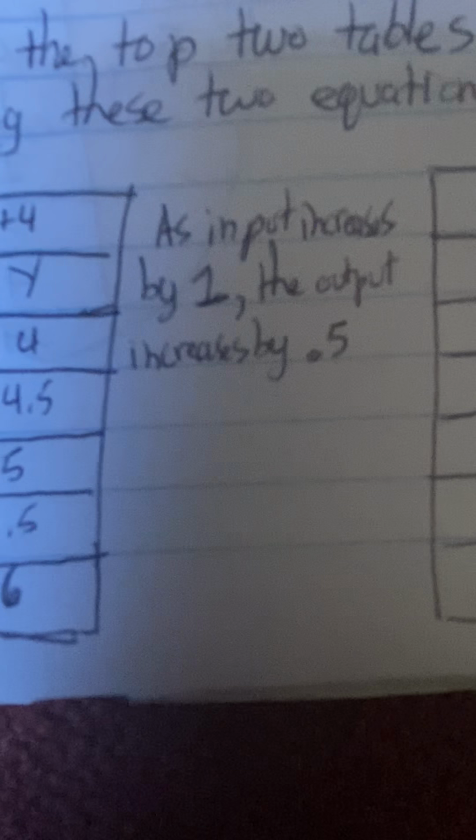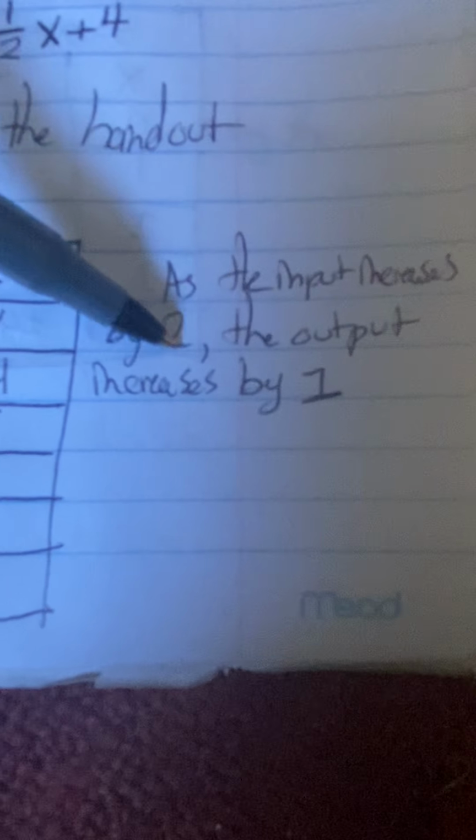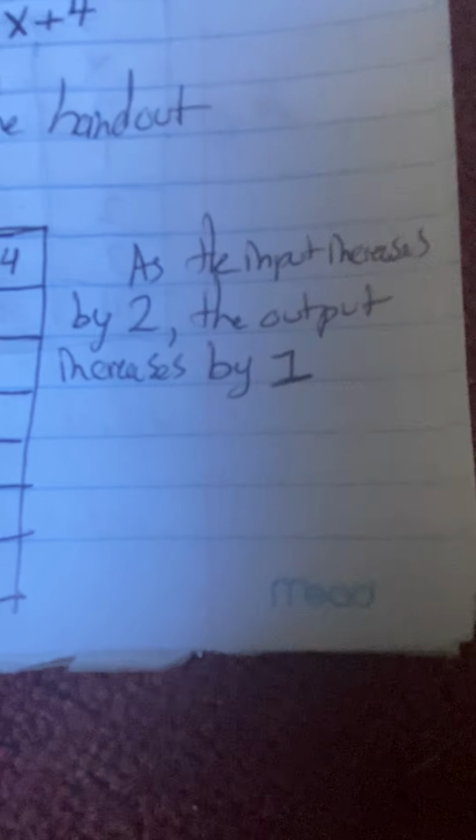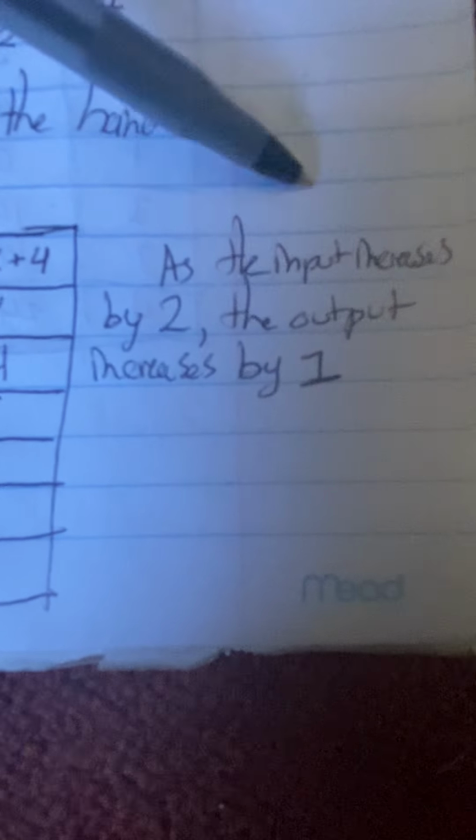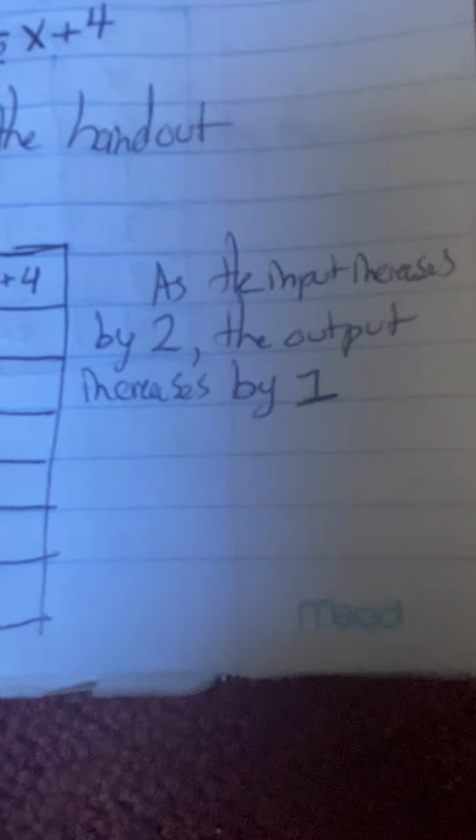This definition, as the inputs increase by 1, that's how we thought about slope all along. But here, now we have, as the input increases by 2, the output increases by 1. So this is an example of the first time ever we've seen a slope where the input is not increasing by 1, but it is increasing here by 2, okay?